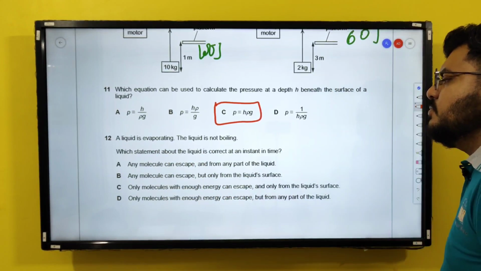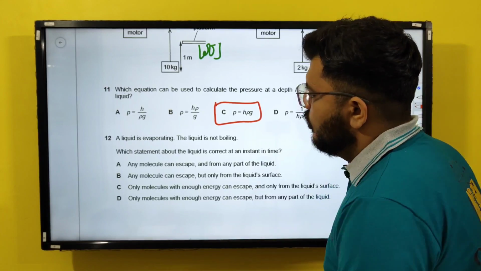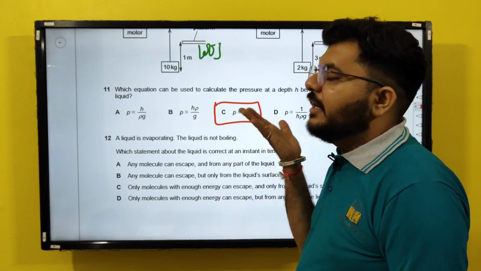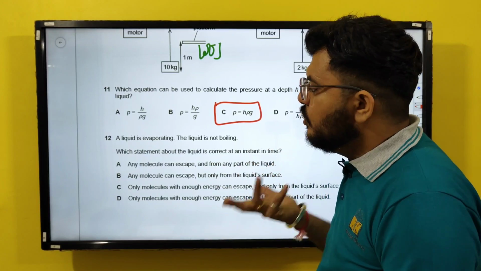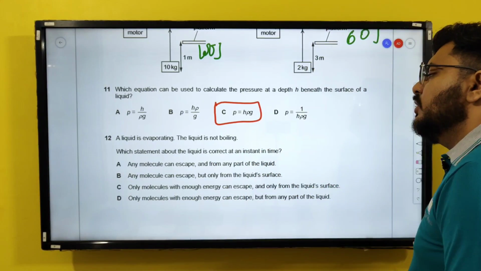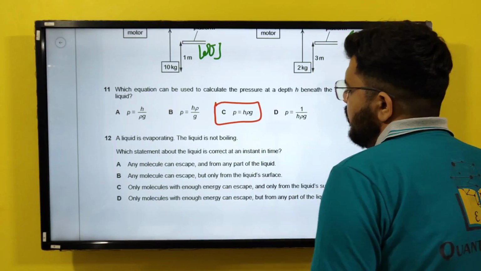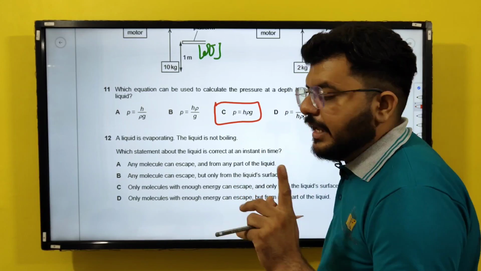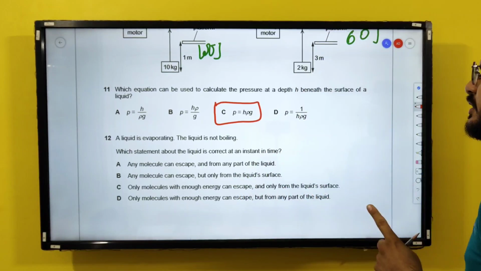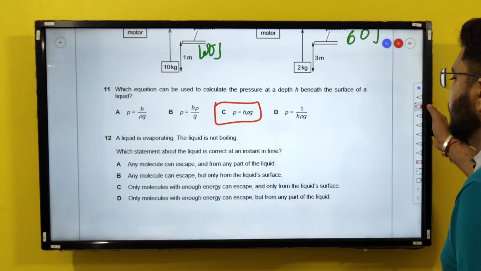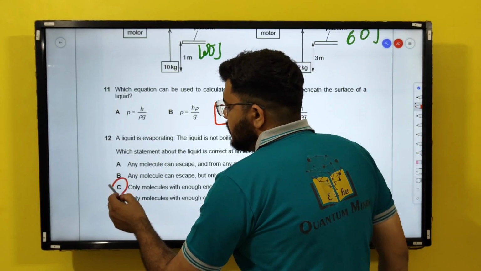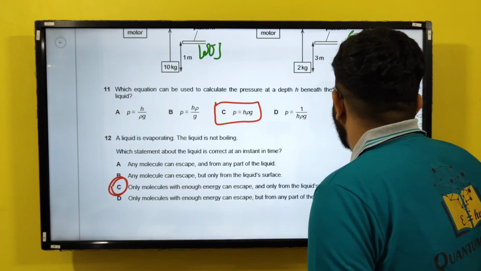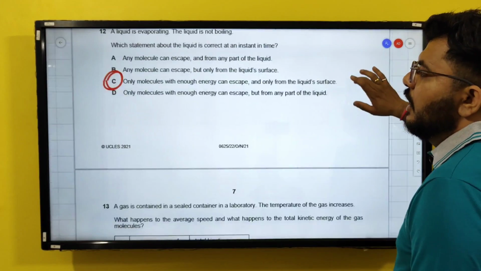Any molecule can escape, and from any part of the liquid? No. Only the topmost ones which have enough energy to escape. Any molecule can escape, but only from the liquid surface? No, not any. Only molecules with enough energy can escape, and only from the liquid's surface. Yes, this is the correct answer. So option C is the correct answer.